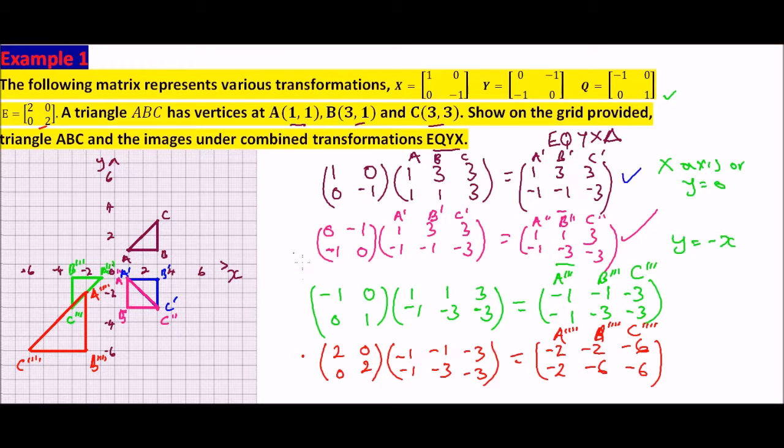So this is our final image which we have obtained, and that has demonstrated clearly what successive transformation is all about, as we have seen. So this is our object, this is our first image, this is our second, this is our third, and this is our final image 4.